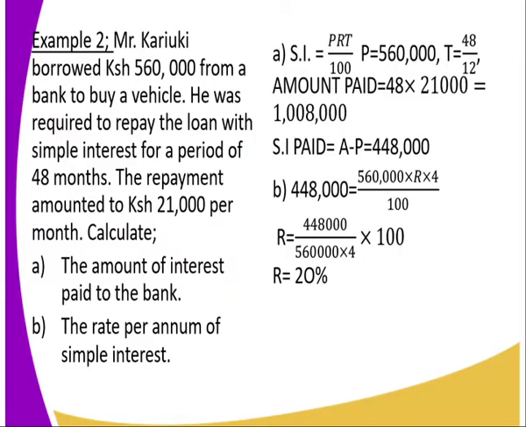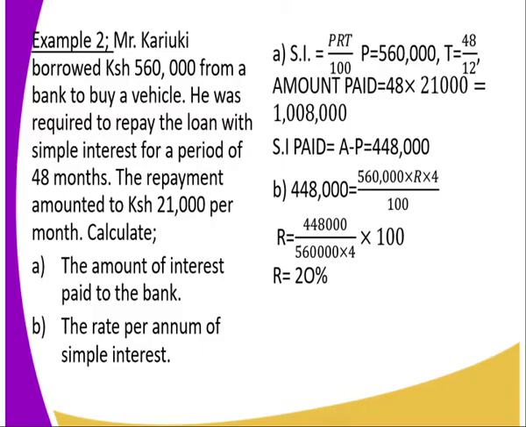So we go to using the formula. The principal is 560,000, time 48 divided by 12. Amount paid is supposed to be 48 times 21,000, which is given as 1,008,000. So how do I get the simple interest?